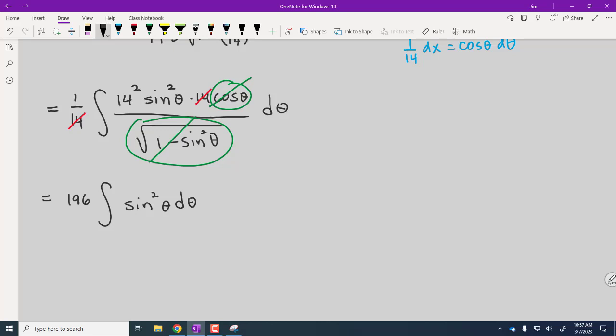How do we integrate sine squared? We're going to power reduce it. So we're going to replace that with 1 minus cosine 2 theta all divided by 2. The division by 2 is a constant, so it can come all the way out to the front.